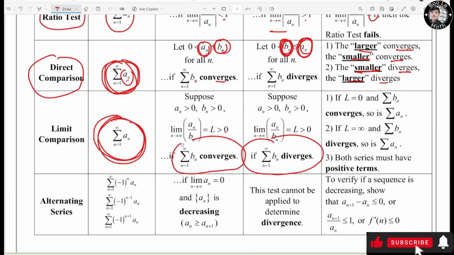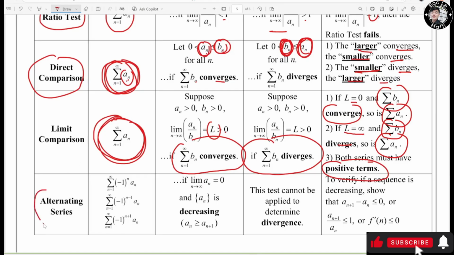So keep that in mind. If the number L equals 0 and the series on the bottom converges, then the top converges. If L equals infinity and the bottom diverges, then so does the top. Now, number 3, both series must have positive terms.